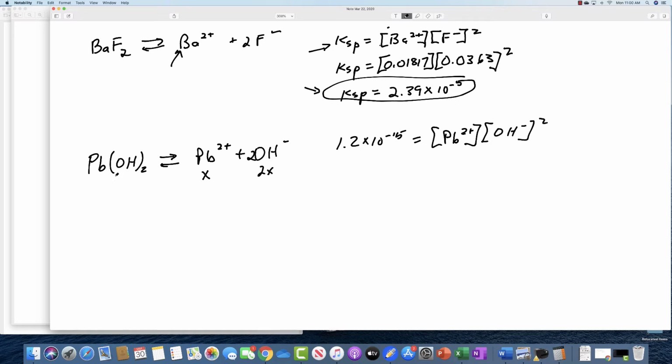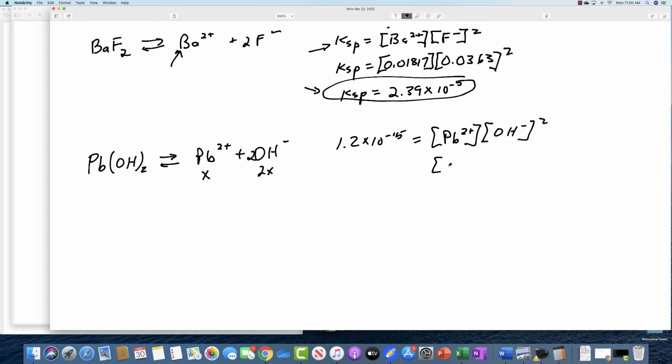Now technically over here we'd have to calculate some concentration and subtract X from that. But because this number is so small, we can assume that the amount of lead hydroxide that is removed is inconsequential. And so we can use this information.